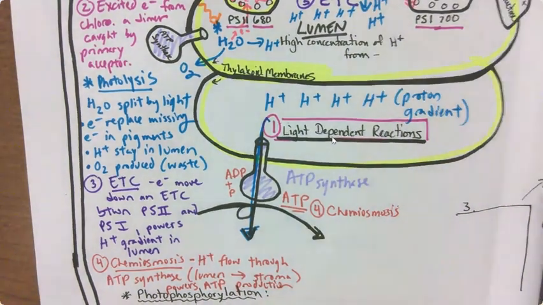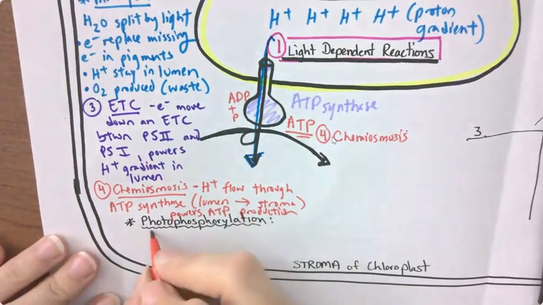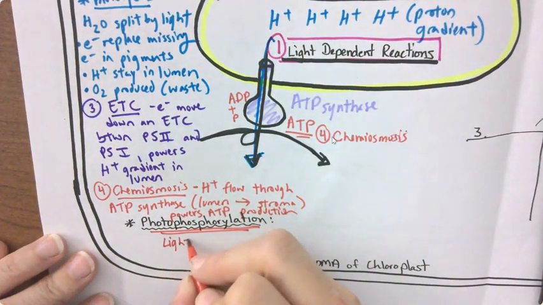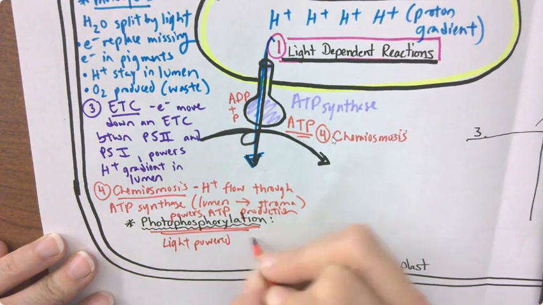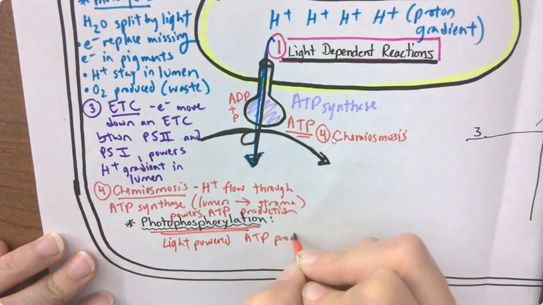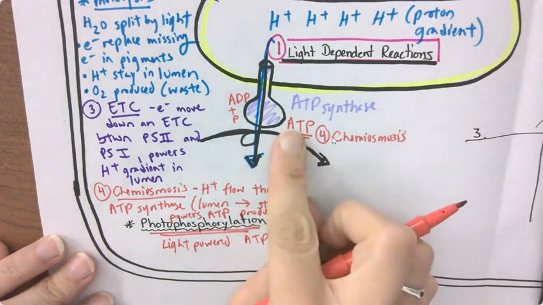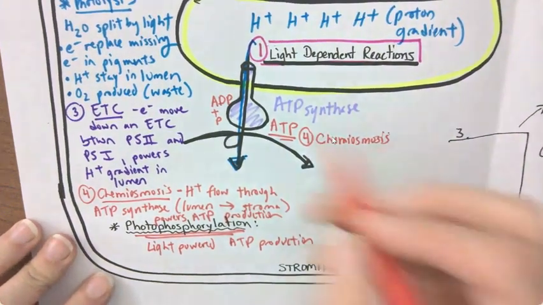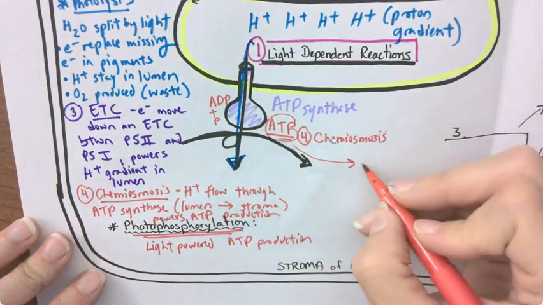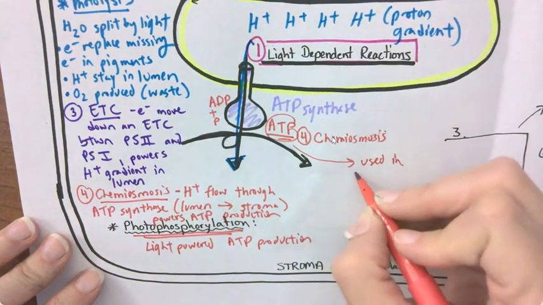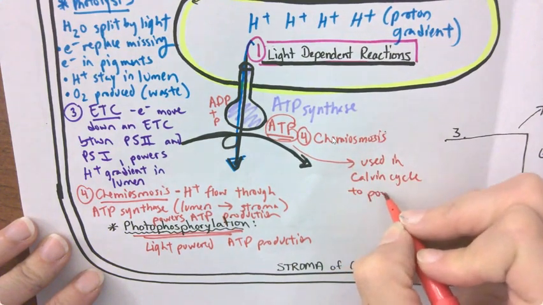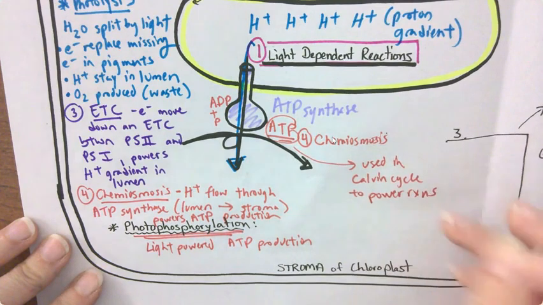And this is actually known as photophosphorylation, light-powered ATP production. So this ATP is going to be used in the Calvin cycle to power reactions. But we'll get to the Calvin cycle later.